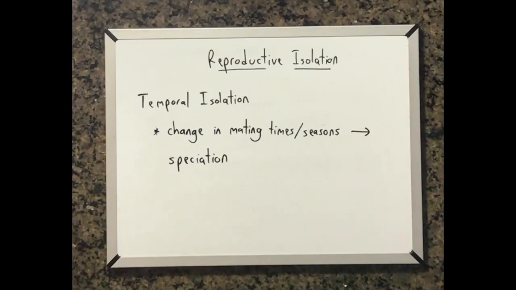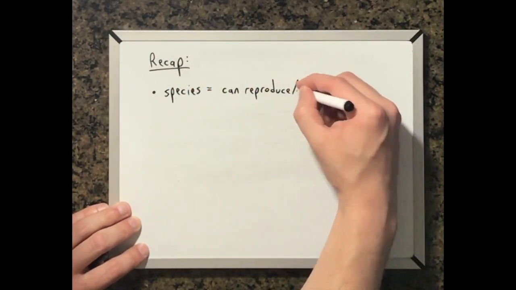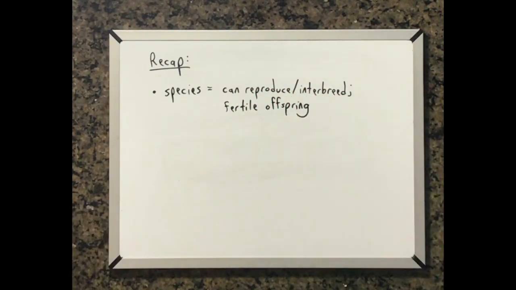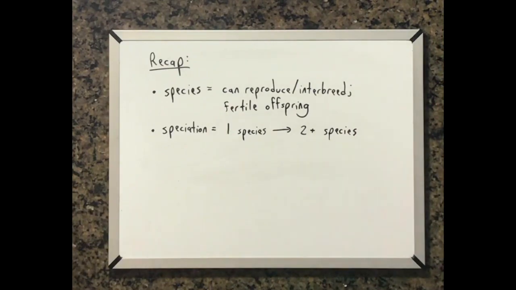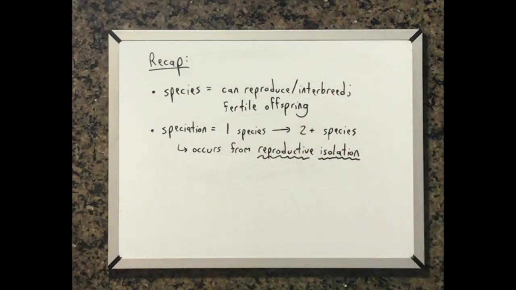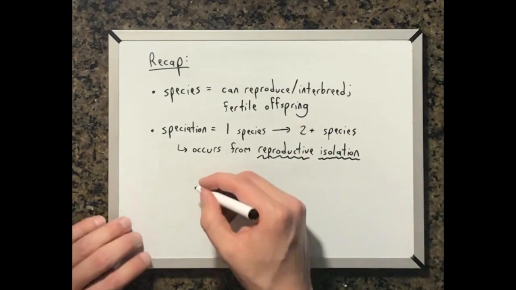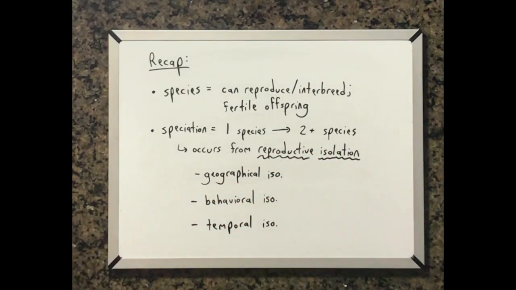As a quick recap, a species can be defined as a group of organisms that can interbreed and produce fertile offspring. Speciation occurs when one species diverges into two or more species. Speciation occurs as a result of reproductive isolation, which for our purposes comes in three forms: geographical isolation, behavioral isolation, and temporal isolation.